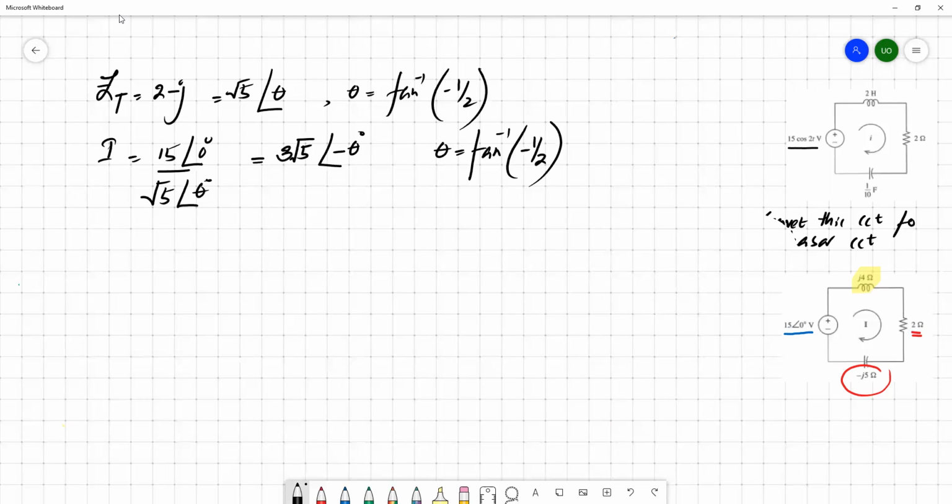If you want, you can take this minus out and take theta as tan inverse half. So this can again be written with the positive angle, theta degrees, where theta is tan inverse half.